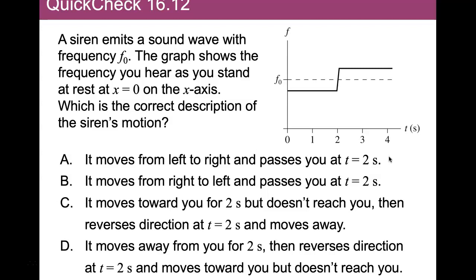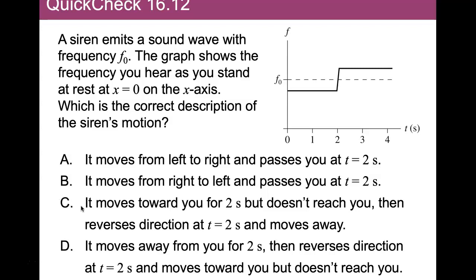So that doesn't work, right? That would do the opposite. We want it to be first moving away, and then after t equals 2 seconds moving toward you, so you hear a higher frequency. Another option: it moves from right to left and passes you. Again, the direction is irrelevant. First it's moving toward you, then it's moving away. That doesn't work.